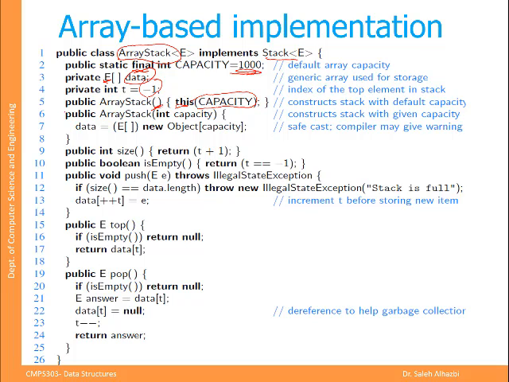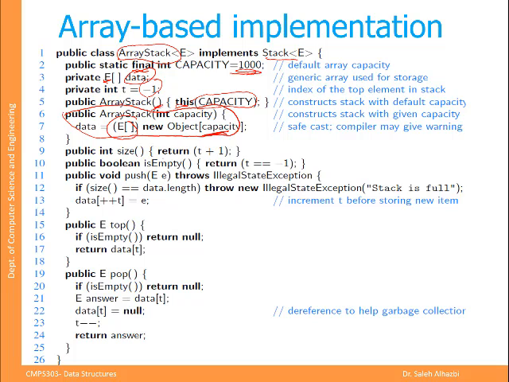So this is another constructor here. It takes capacity, and it just creates an array whose size will be the variable capacity. And here, as you can see, this is how we create an array of generic type. We have to create an array of Object, then cast it down to the generic type.